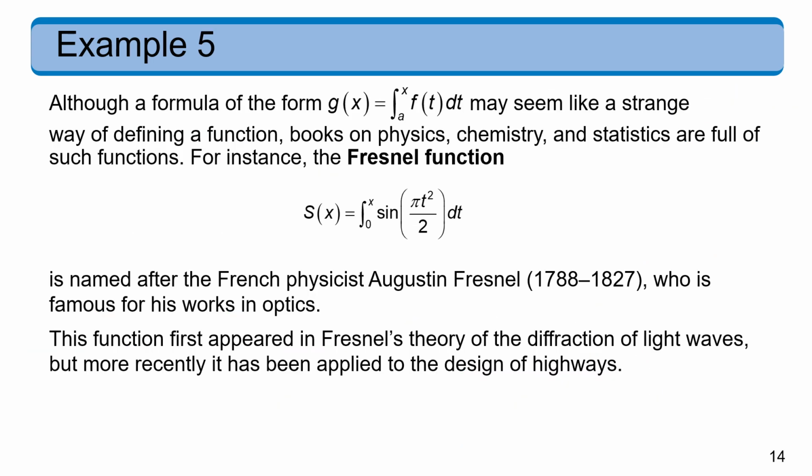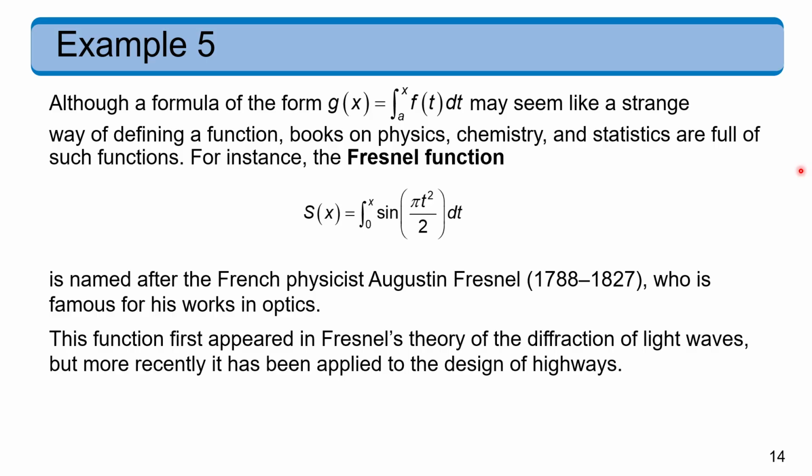In part 1 of the fundamental theorem, this type of function here, this g of x that's defined as this special integral, played an important role in part 1 of the theorem. And that may seem like a strange type of function, right? We've probably never seen anything like this before. But it actually has many applications. These types of functions appear in physics, chemistry, and statistics fairly often.